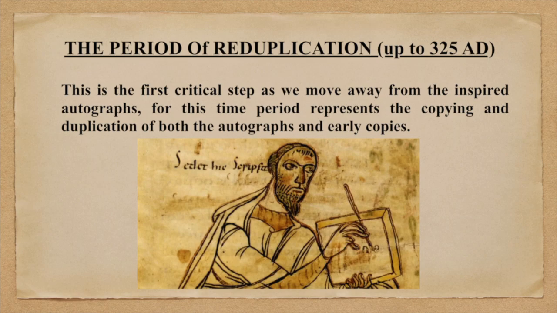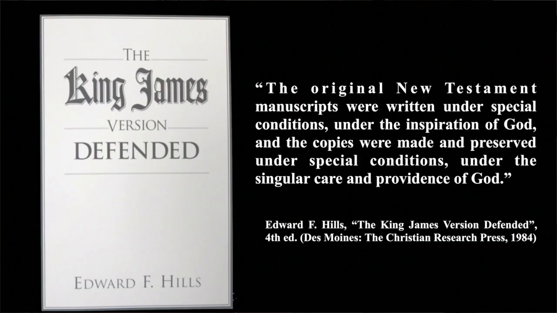There are several important factors that contribute to the development of the text during this time period, and one point especially to keep in mind is this: the original New Testament manuscripts were written under special conditions, under the inspiration of God, and the copies were made and preserved under special conditions, under the singular care and providence of God.